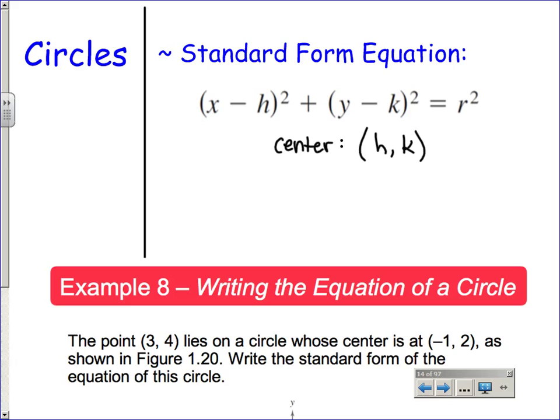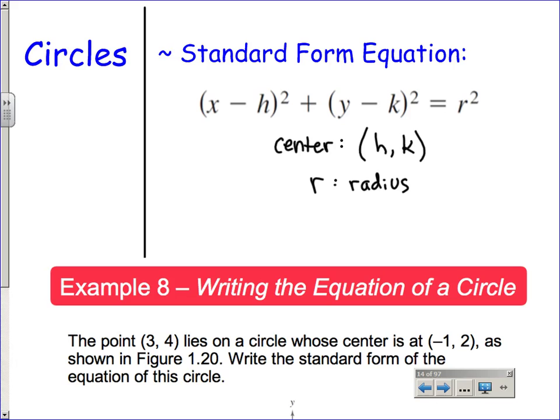What's your r? Your radius. When I said the distance from the point was 3, that was the radius because that would measure all the way around. So what would the diameter be? What would the distance across the circle be? 6.